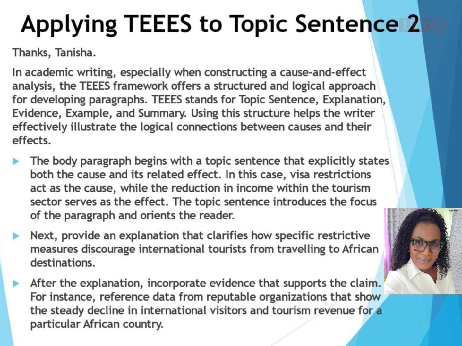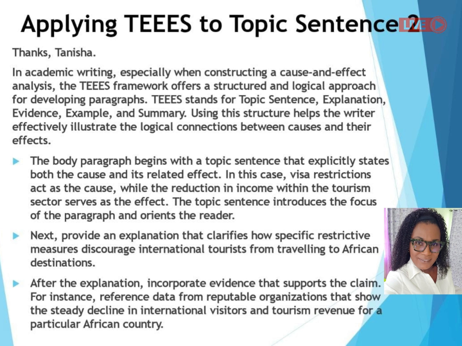The body paragraph begins with a topic sentence that explicitly states both the cause and its related effect. In this case, visa restrictions act as the cause, while the reduction in income within the tourism sector acts as the effect.